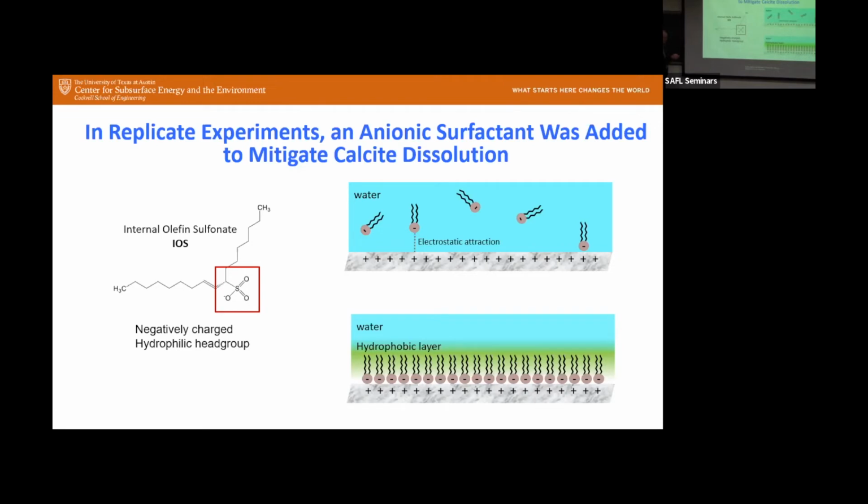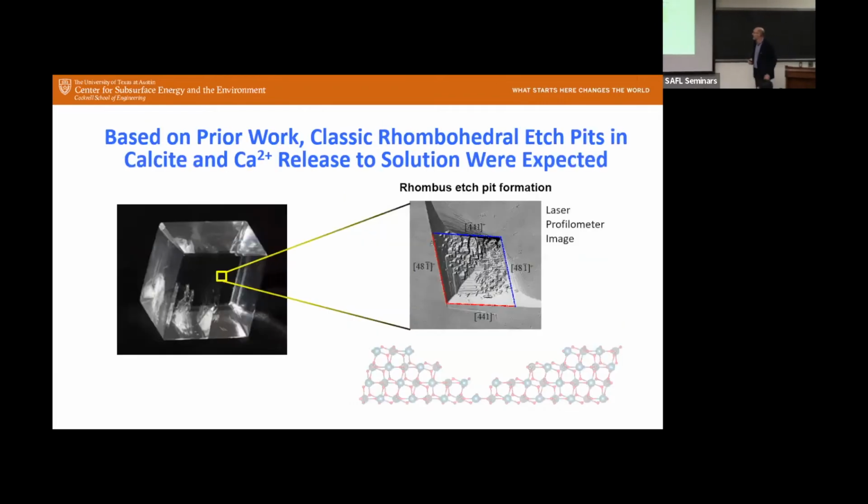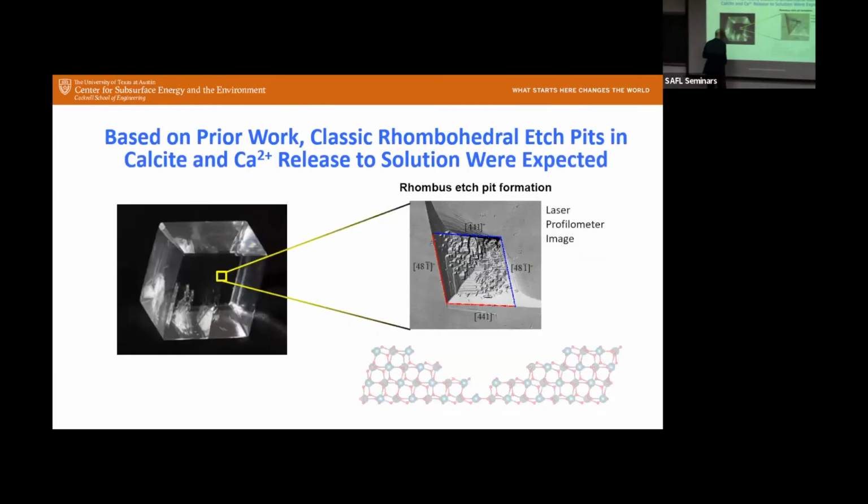So what did we get? The first thing we did was look at what happens when calcite dissolves. And what you expect to see when calcite dissolves, and this comes from our own laser profilometer image, are these rhombohedral pits that are formed.